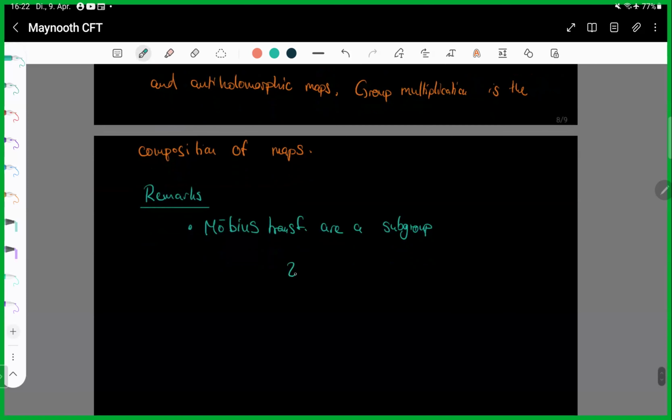Well, the argument is simply that z takes az plus b over cz plus d. That's just z becoming another function of z. This is sort of like w of z, right? So that's a holomorphic map.